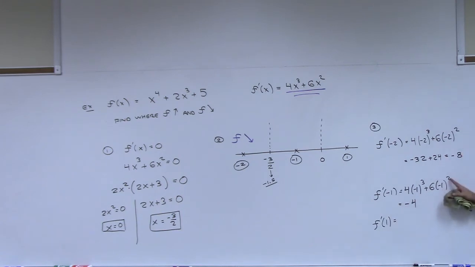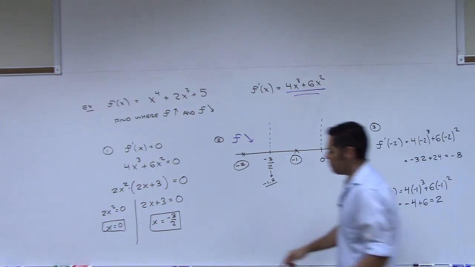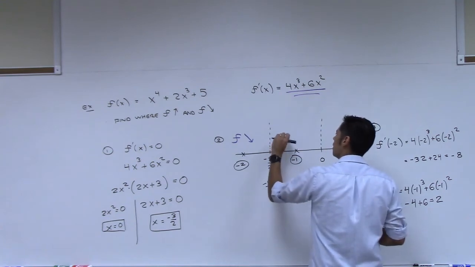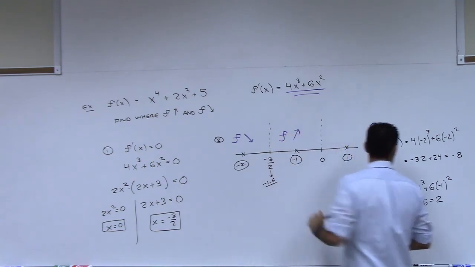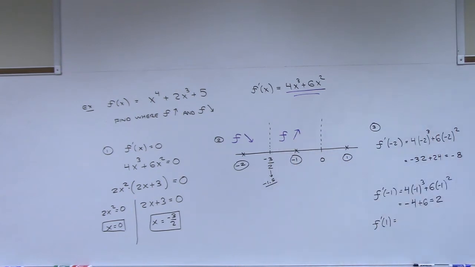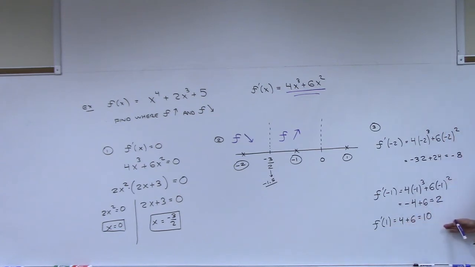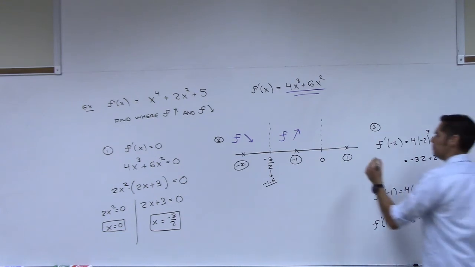And then -1 squared is +1, and then times 6 gives me 6, and -4 plus 6 is 2, which is a positive number, which means that my original function is increasing when I'm at -1, right? In this little region, it's going up. And then finally, you plug in 1, and when you plug in 1, you should get 4 plus 6, which is 10, which is a positive number, which means what? It's still increasing.